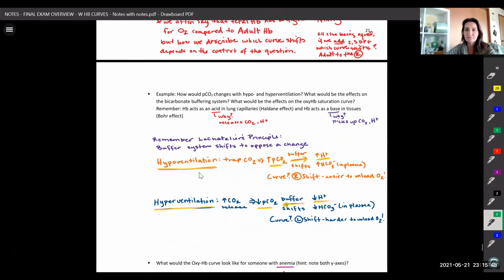All right. A few more scenarios here. This one actually has a connection between the respiratory system and the buffering information we went over as part of the lab lecture for acid-base balance, thinking about Le Chatelier's principle once again.